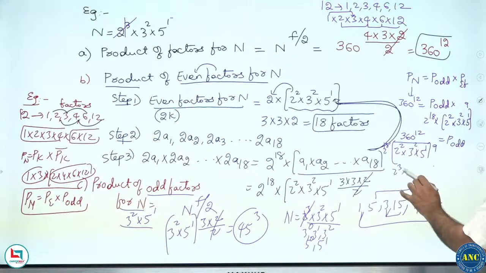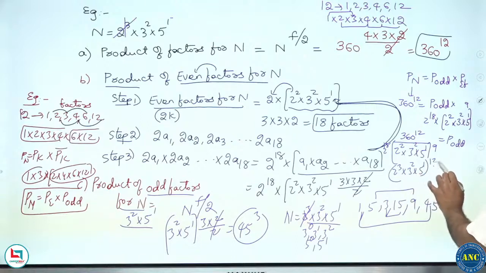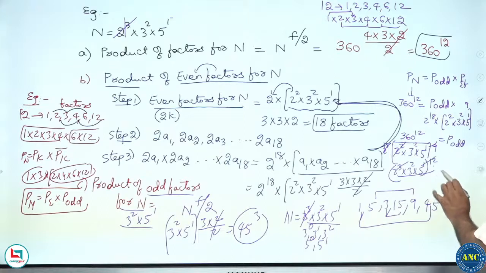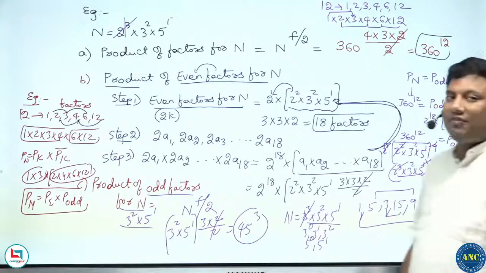These 2 cube into 3 square into 5 power 1, power 12, divided by 18, 18, 36 cancel. Remaining it is 3 power 24 into 5 power 12 divided by 3 power 18 into 5 power 9, which is 3 power 6 into 5 power 3, which is 3 square into 5 power 3, 45 whole cube.